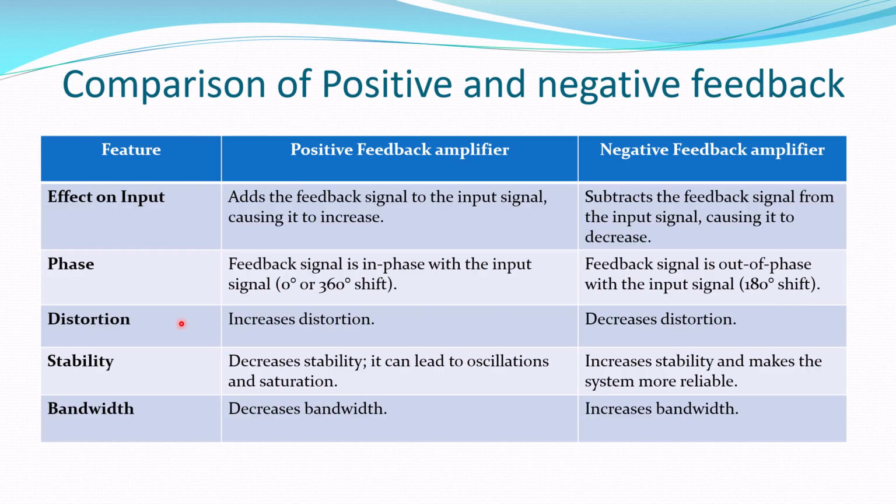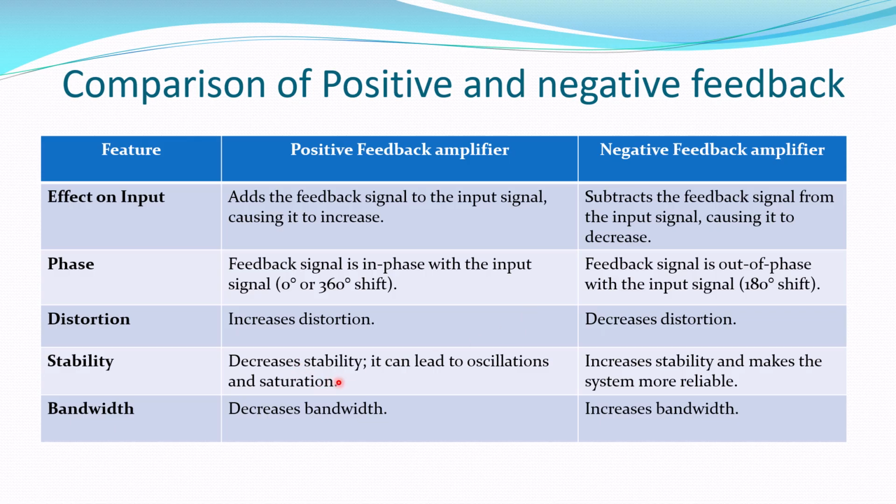And distortion: compared to the negative feedback amplifier, in the positive feedback amplifier, due to the 360-degree phase shift, it introduces some distortion in the amplifier circuit. In the negative feedback amplifier, the distortion is less when compared to positive feedback.